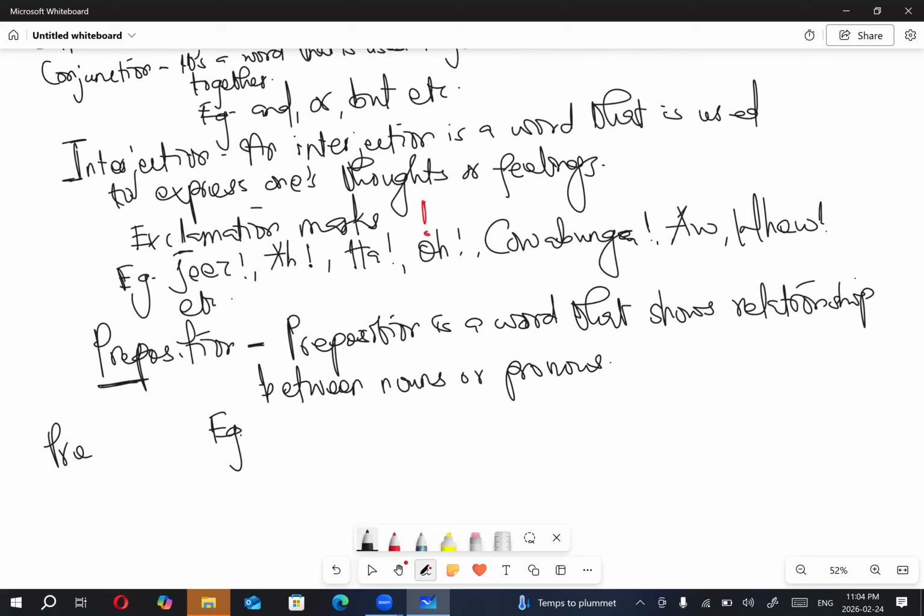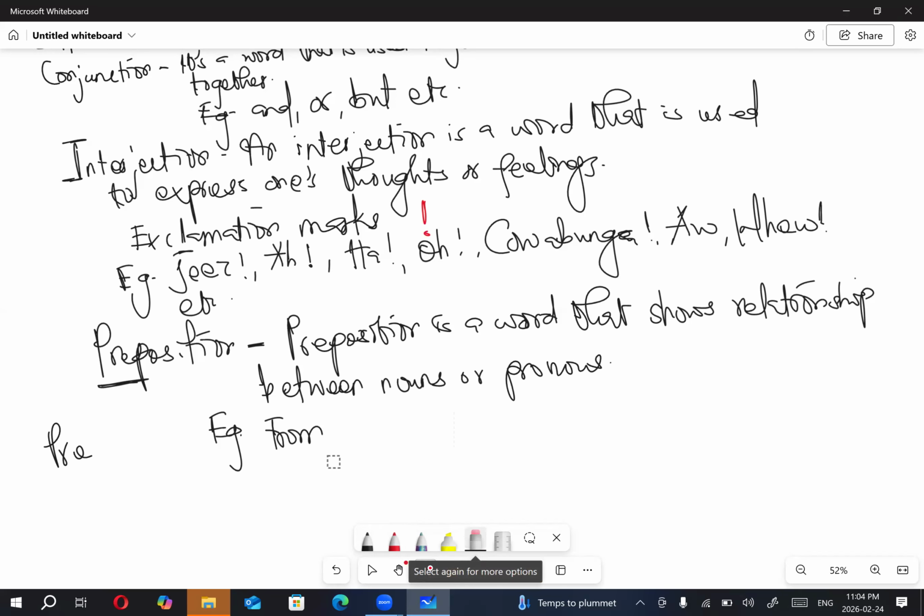For example, we have from. If we want to see that in context, we say from Amasaman. Amasaman is a name of a place. It's a noun, right? We'll talk about nouns soon. And the word from is coming before the noun, so from is a preposition, okay?